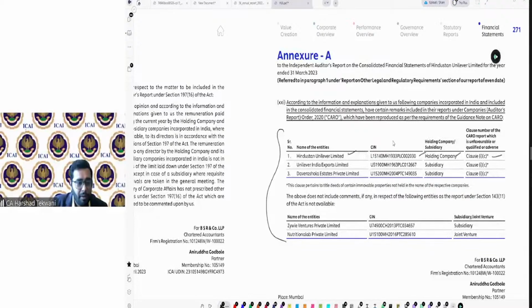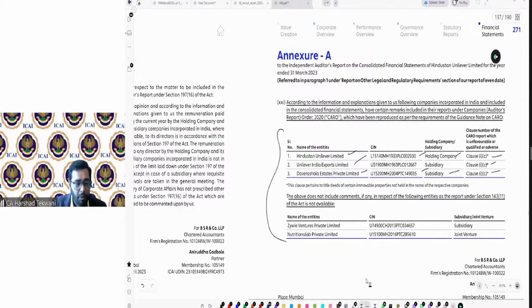Same way, this is the company, this is the qualified remark. And these are the entities where the report was not available. So they have provided the names of entities where reports were not available. That is CARO with respect to the consolidated financial statement.